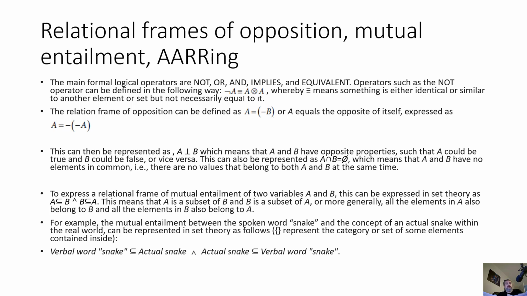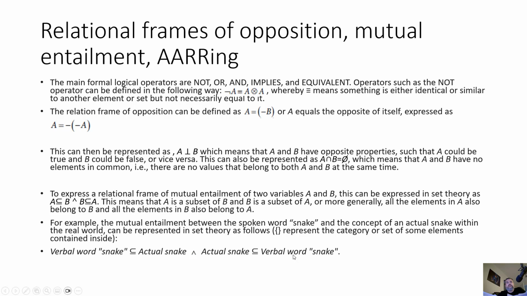mutual entailment. For example, mutual entailment between the spoken word snake and the concept, or let's say picture, or the actual snake within the real world can be represented as a set, and could look something like this. Verbal word snake is a subset of, or entails, the actual snake, and actual snake entails the verbal word snake.